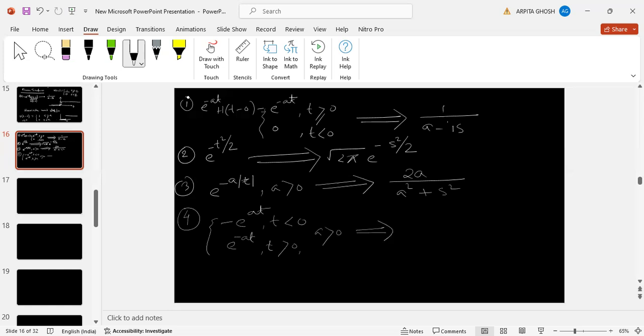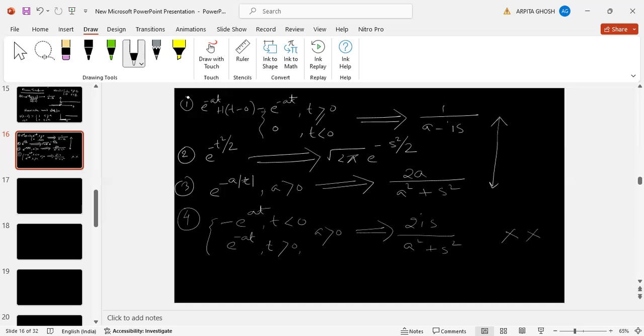This Fourier transform is given by twice is by a square plus s square. This is less important. If you do not want to remember it, you can skip it, but the other three you have to remember. These three you have to remember as standard formula.